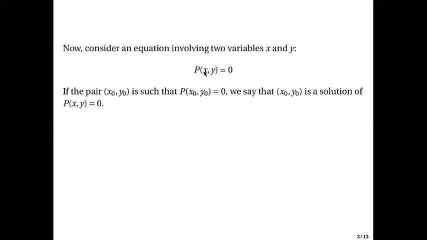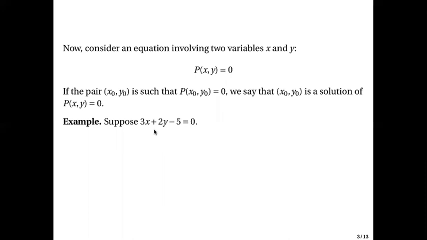Okay? So the first variable that you see here will correspond to the first number that you will see in the pairs or in the parentheses here. The second variable here is for the second number that you will see in here.